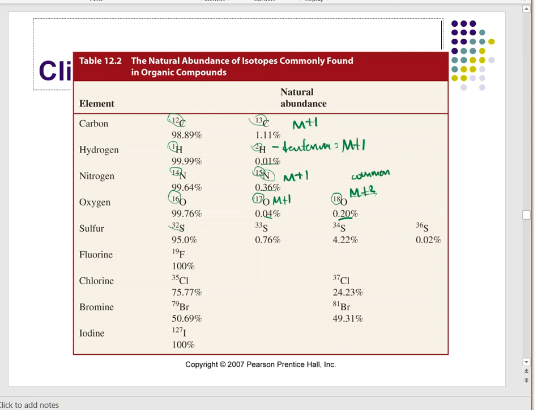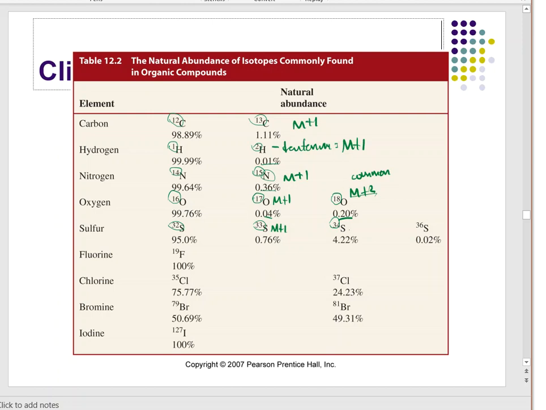Look at my sulfur. Sulfur 32 to sulfur 33. This is an M+1 peak. I don't really attribute that to M+1, though, because sulfur, again, is very rare. Yes, we do have it in organic compounds. Yes, we will see it. But sulfur, not so much. Okay? Well, I also have a sulfur 34.